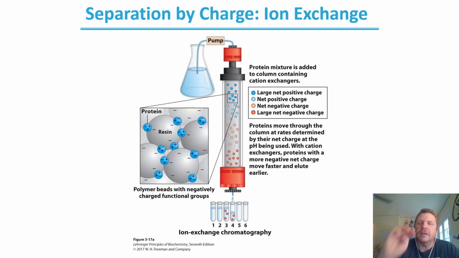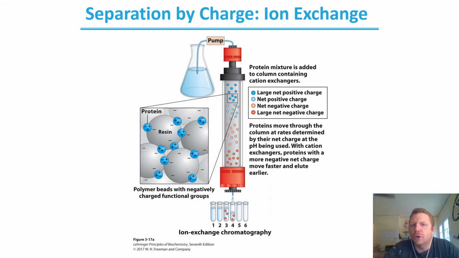Okay, so ion exchange chromatography is the first chromatography technique, and I'd say it's the most easily understood. The reason for that is you're using nothing but charge to separate your protein from the rest of a mixture. You're going to say, okay, I have positively charged proteins.